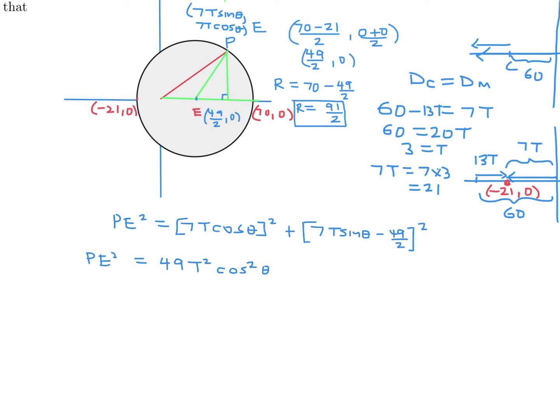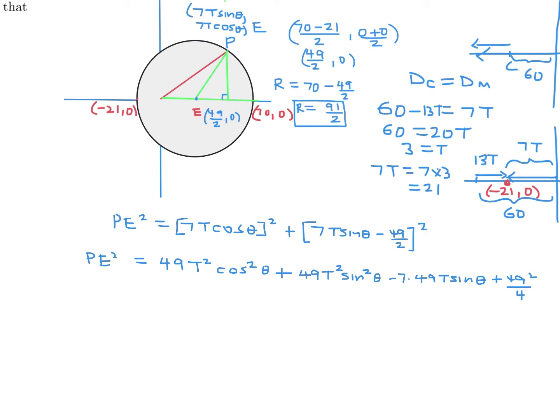And then this one we have to expand. Okay, so we got 49t squared sine squared theta minus 7 times 49 t sine theta plus 49 squared over 4. Yeah, I think that's good.